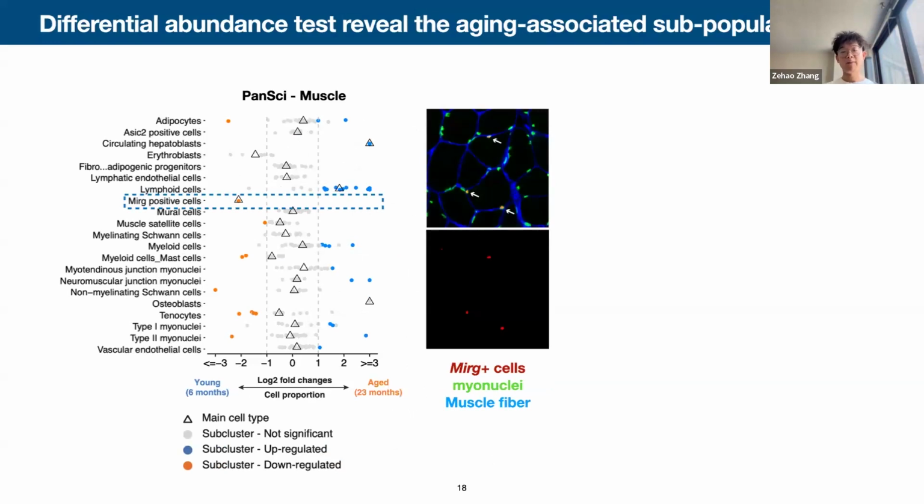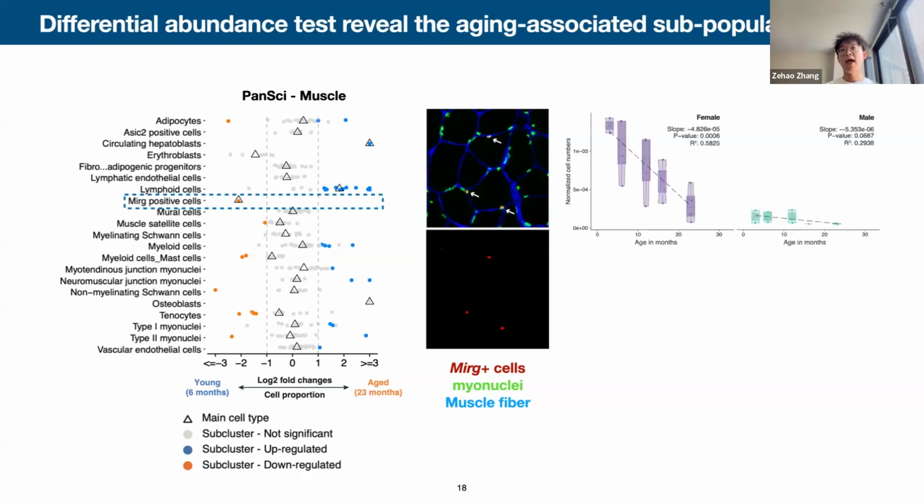Given our dataset has a sex-balanced cohort, we can check the cell proportion changes over age in different sexes. Surprisingly, we find these cell types underwent dramatic depletion in aging, but this dynamic seems to only happen in the female. In the male, we do not see a detectable or significant decrease.